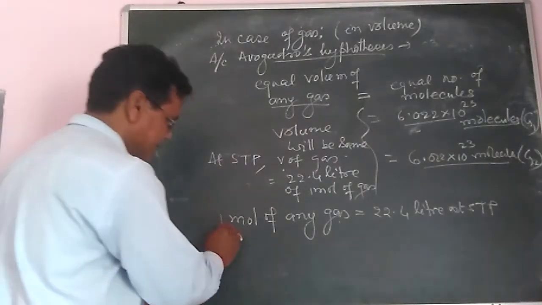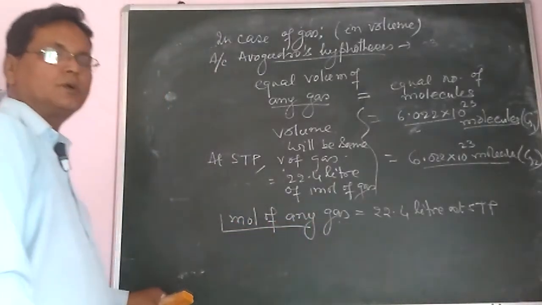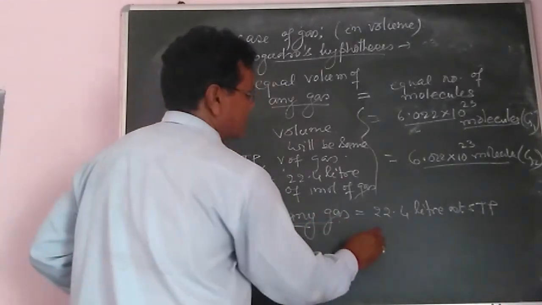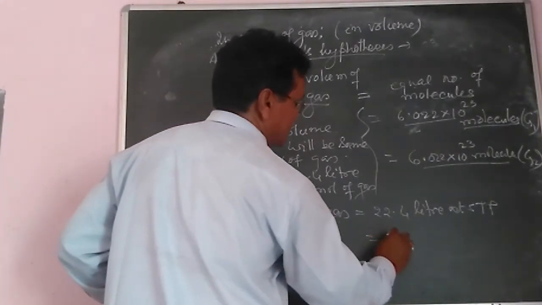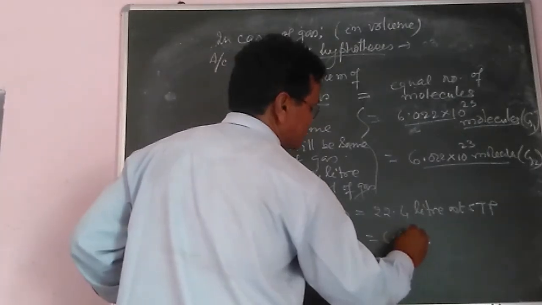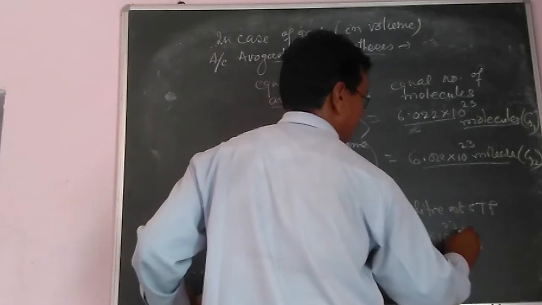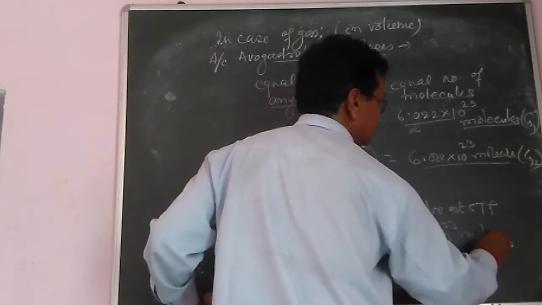And 1 mole of any gas will always consist of 6.022 into 10 to the power 23 molecules of gas.